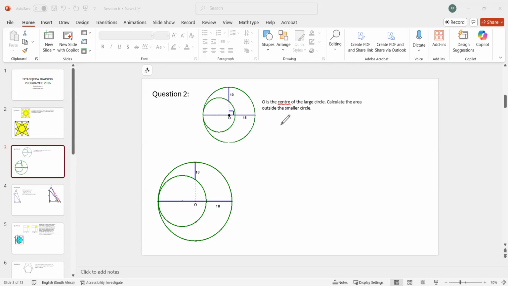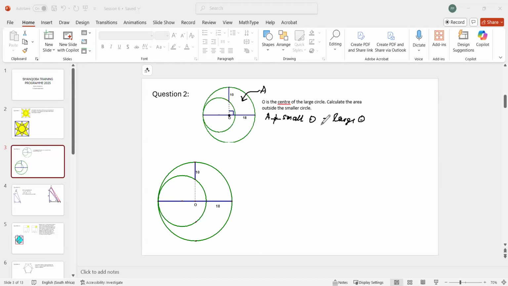All right. One thing we know is that the moon-shaped area, let's call it A, if you add it to the area of the small circle, you're going to get the area of the large circle.